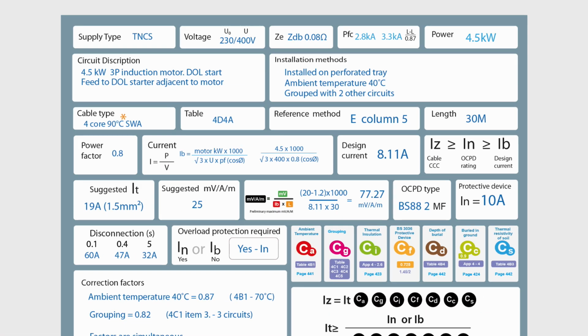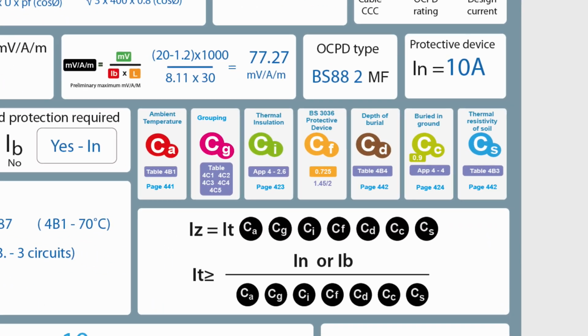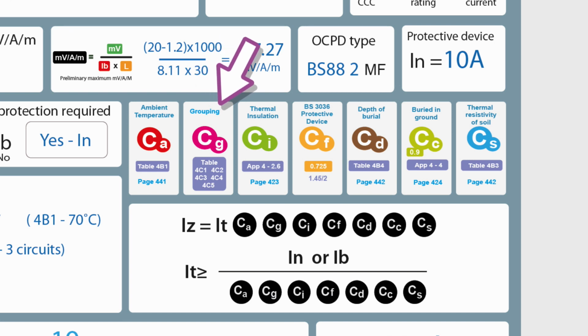So let's get on to correction factors. We have correction factors for ambient temperature, grouping, thermal insulation, if you've got a rewirable fuse, the depth of burial in the ground, and for the thermal resistivity of the soil. And we either divide the design current or the rating of the protected device by any of the correction factors that the cable is subject to, so we can calculate what the current carrying capacity of the cable ultimately needs to be.